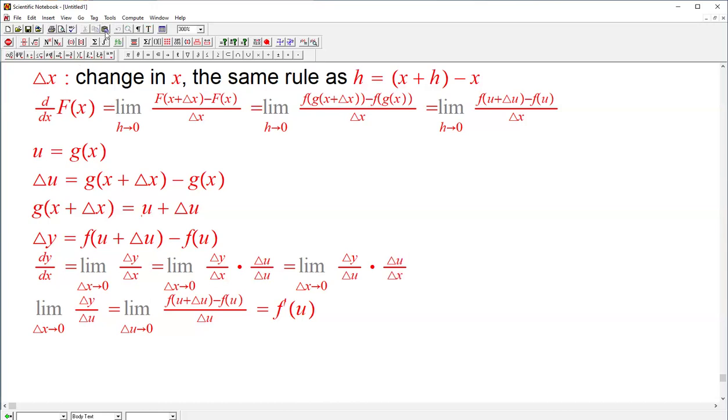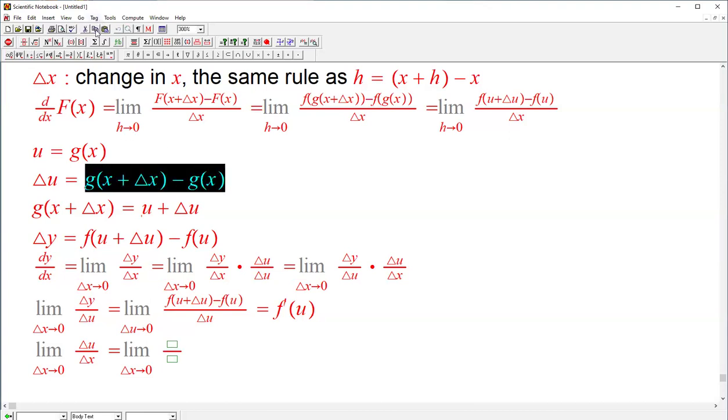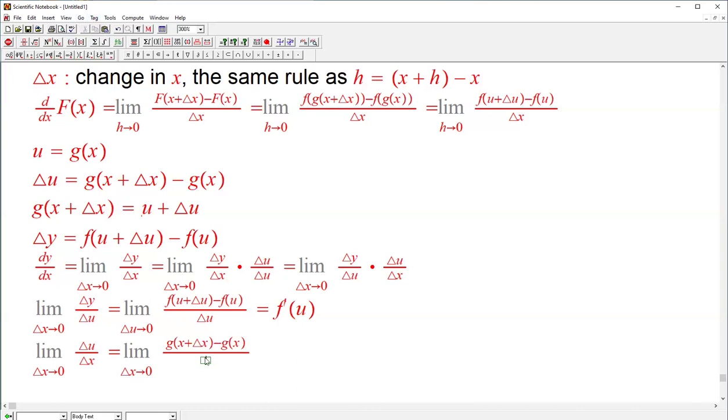So let's look at when we take the limit as delta x approaches 0. And what is delta u? Delta u, we're going to bring it back where we had it: g of x plus delta x divided by delta x.